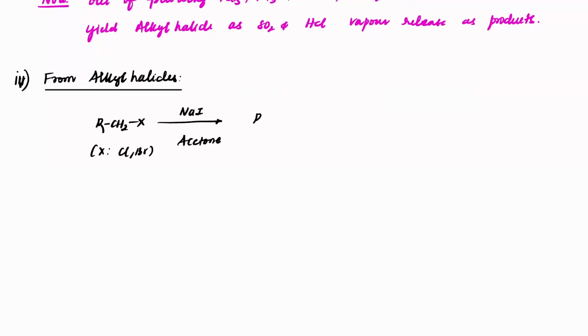In that case, you will get this as RCH2I plus NaX. NaX forms a precipitate in acetone.